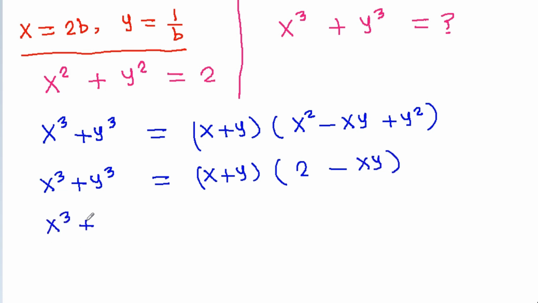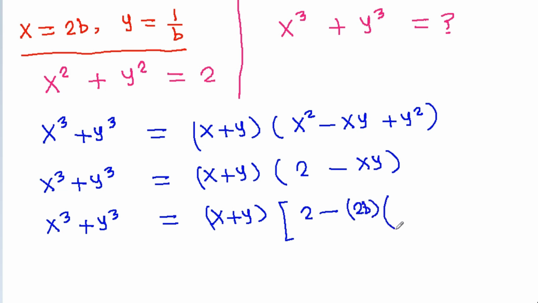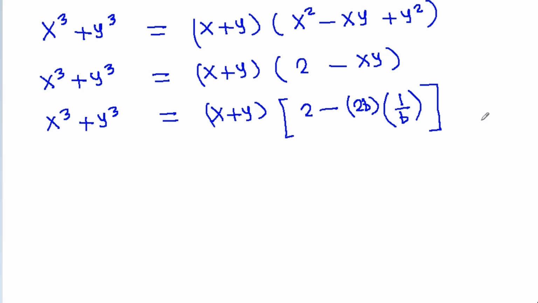And x³ + y³ = (x + y) times (2 − xy), and x is 2b times y is 1/b, and b will get cancelled.